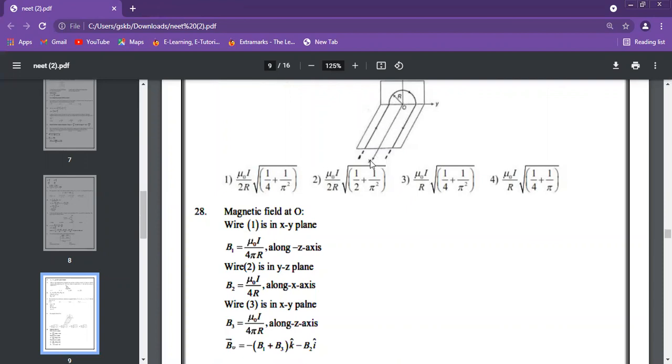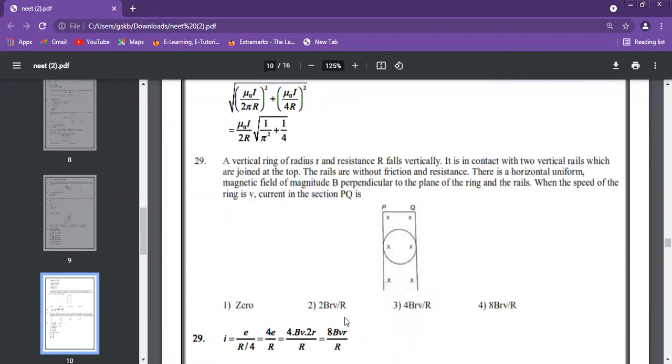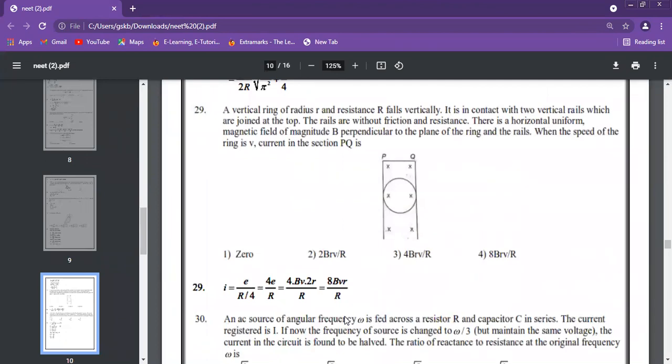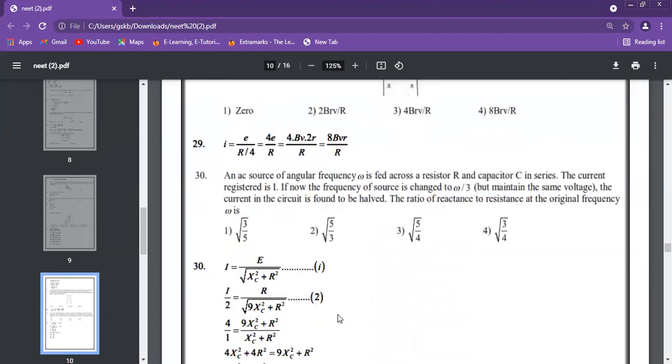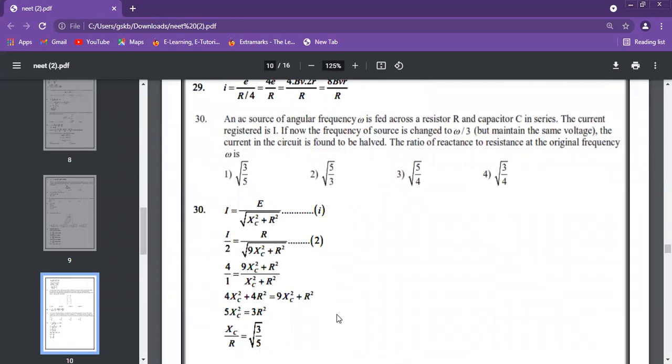Semicircle, 2 parallels. This is the process. This is the motional EMF concept. This is the alternating current concept.